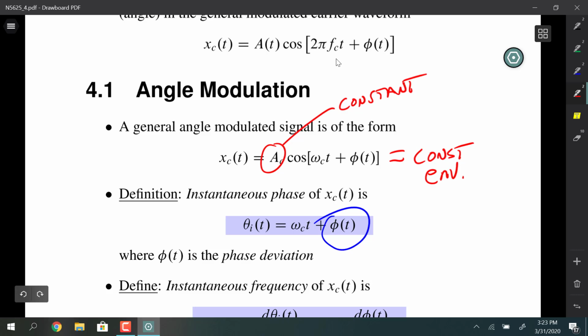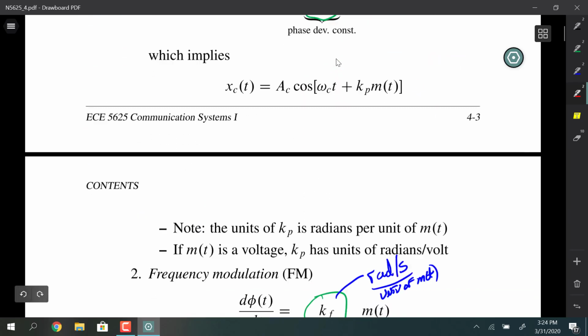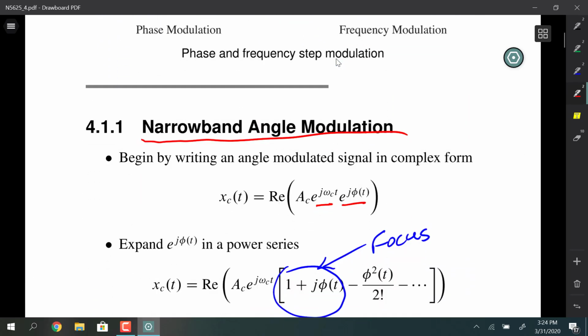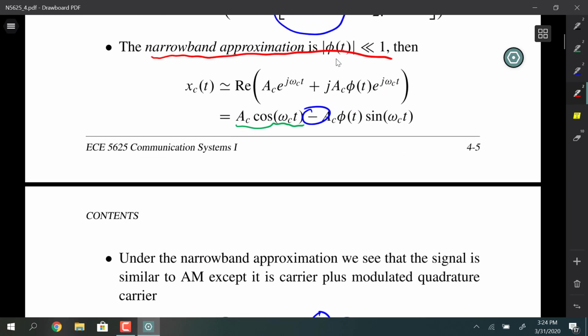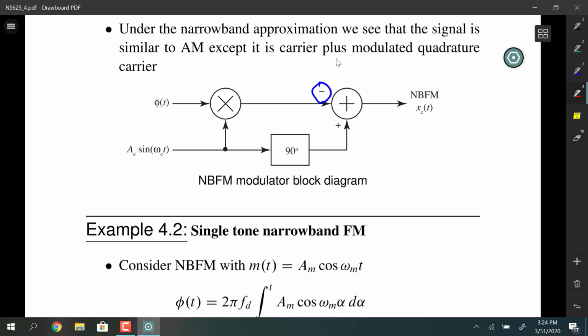So even though that signal has the appearance similar to an AM signal, it is not constant envelope. AM signals are definitely not constant envelope because the message ends up being, in an AM signal, something you can derive from the envelope itself. In an angle modulated signal, not so. And that comes into being from down in here, the fact that we have sine and cosine. So we don't have an envelope that is time varying.